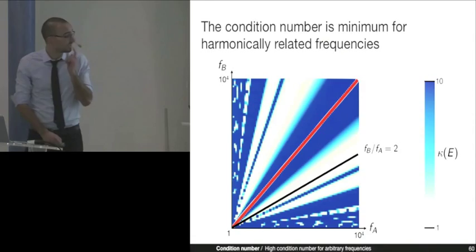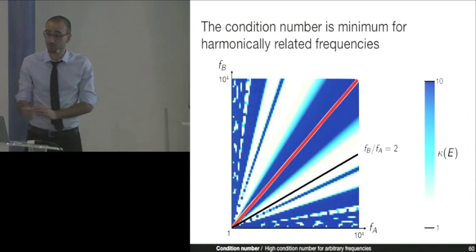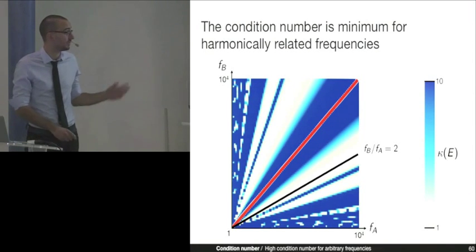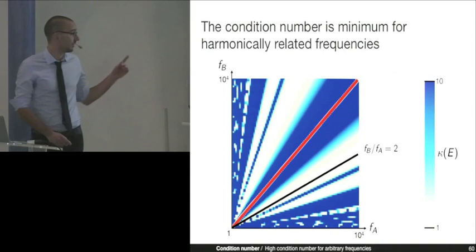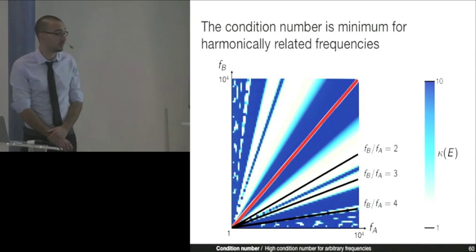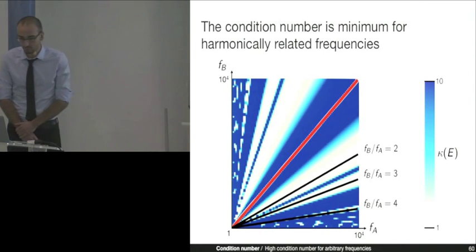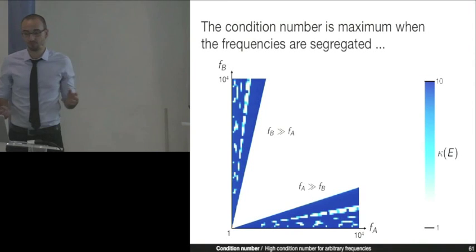In fact, the black line denotes the ratio of FB over FA, meaning that FB is the second harmonic of FA. And you can see that for all of these lines too, the condition number is close to the theoretical lower bound, which is 1.